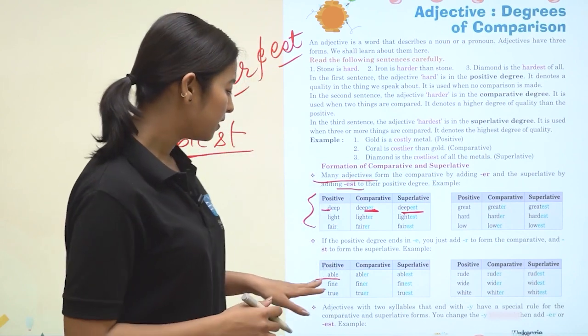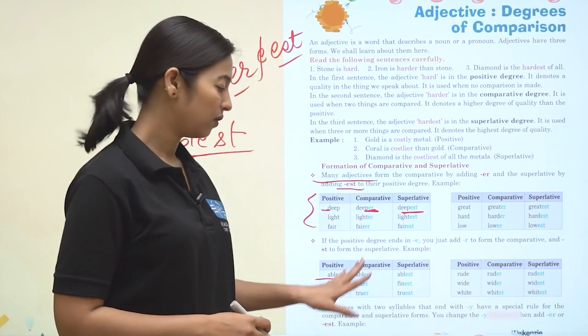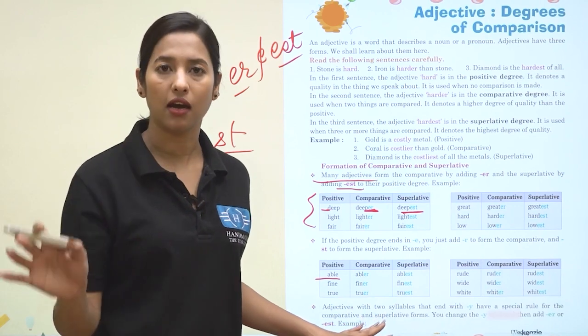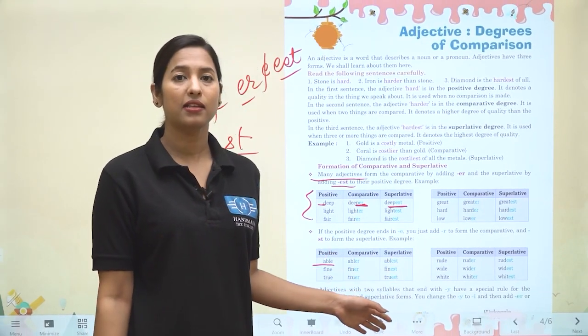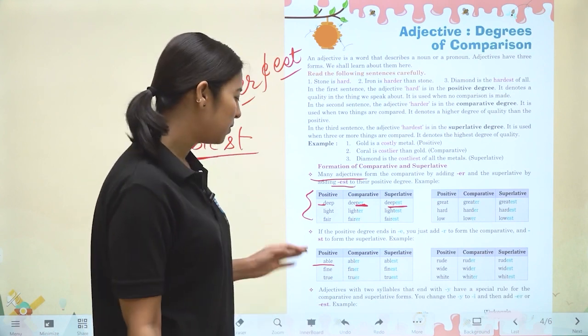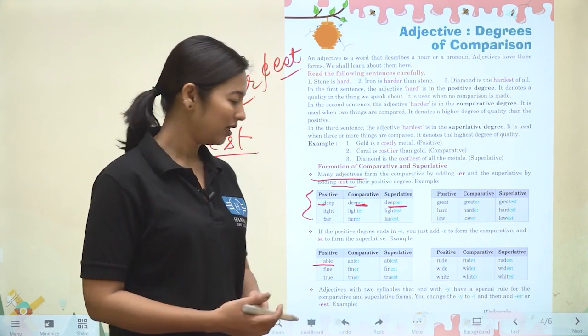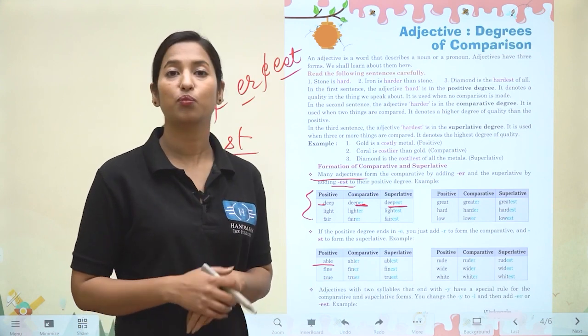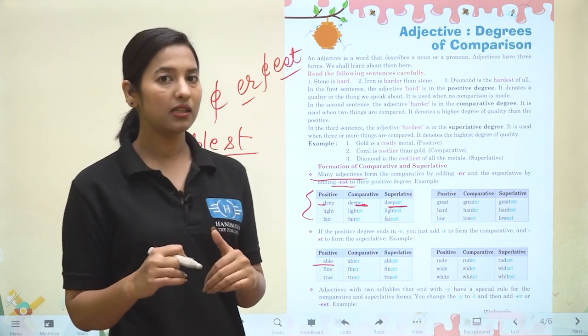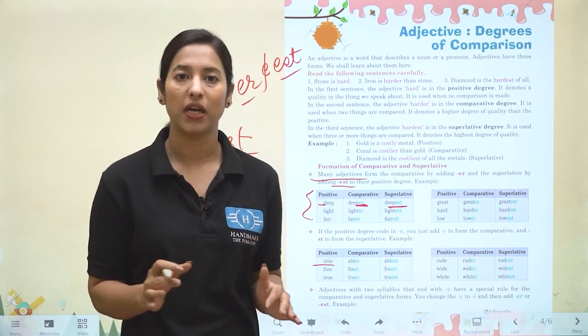Let's see some other words. Fine is positive. Finer, F-I-N-E-R, only one E-R. So finer is comparative and finest is superlative. Similarly, true is the positive degree, truer is the comparative degree and truest is the superlative degree. We must take care of these spellings here.